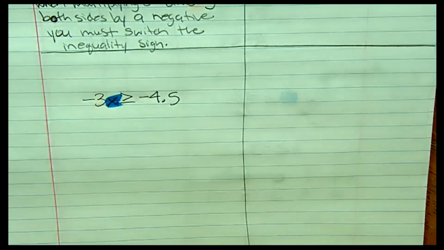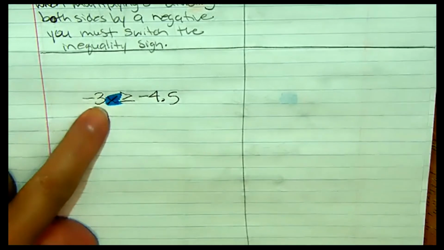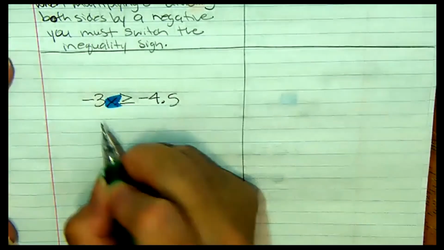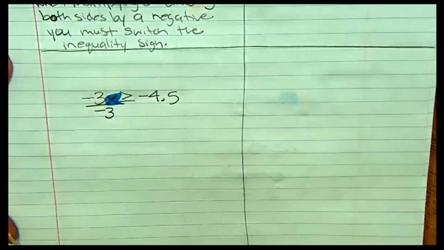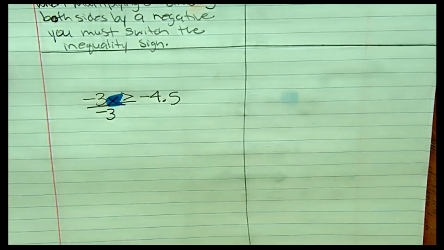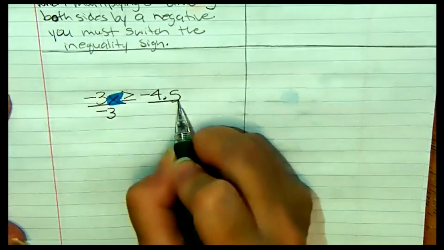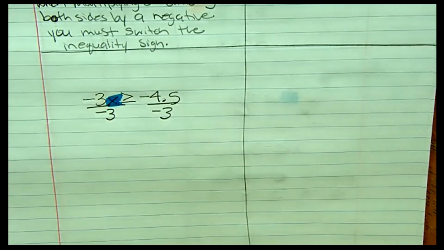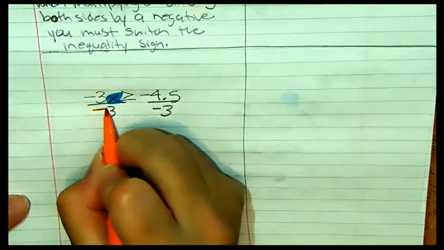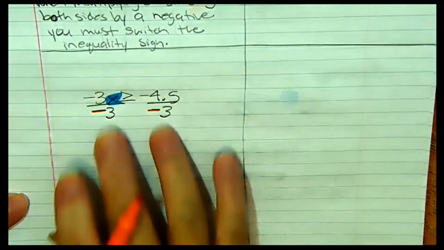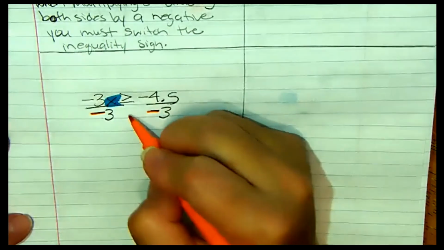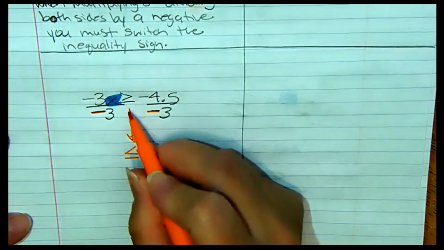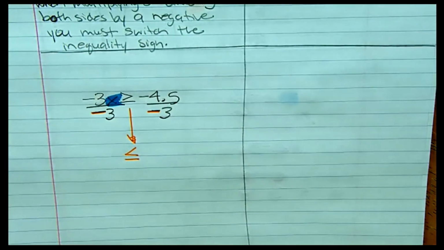To do that, I need to get rid of this times -3, so I'm going to divide by -3. What I do to one side, I must do to the other. Now I am dividing both sides by a negative. That means I need to switch my inequality sign.